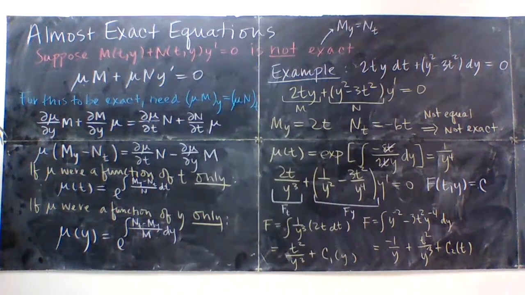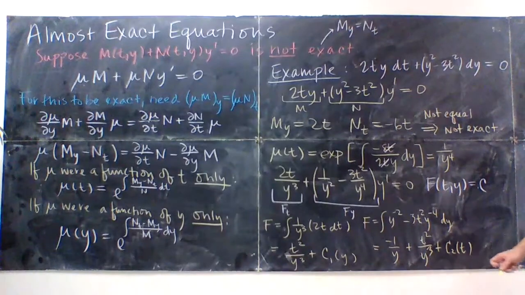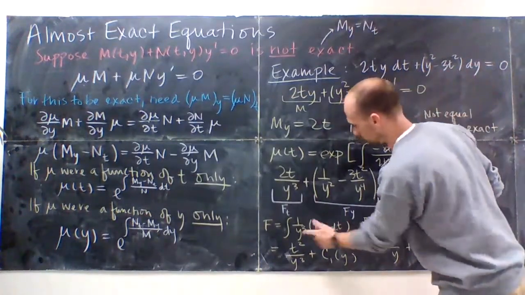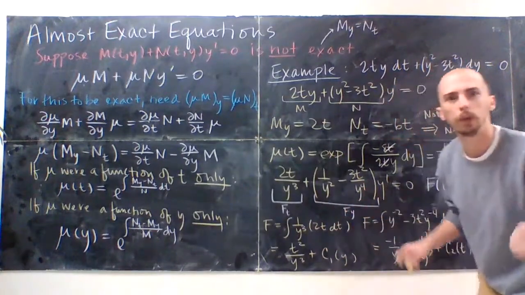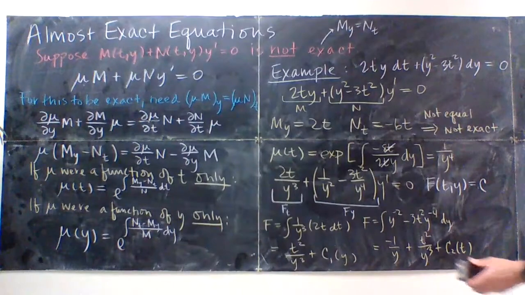Looks like that constant function of t is going to have to be constant, because if I took the partial derivative with respect to t, I'd need to see it show up right here, and I wouldn't. So I'm going to conclude that that's part of my constant of integration, and I can merge these together. I've got t squared over y to the 3, and a negative 1 over y, and that's going to be all.